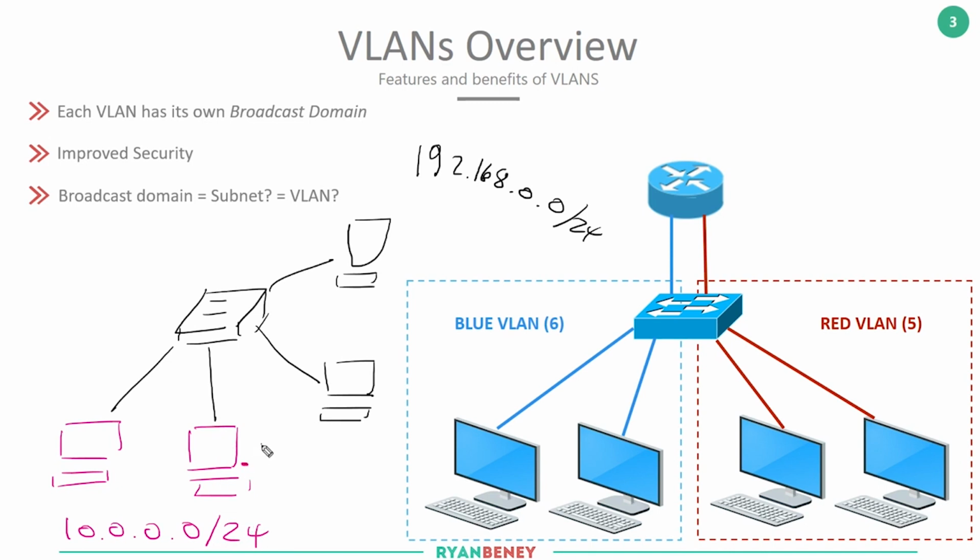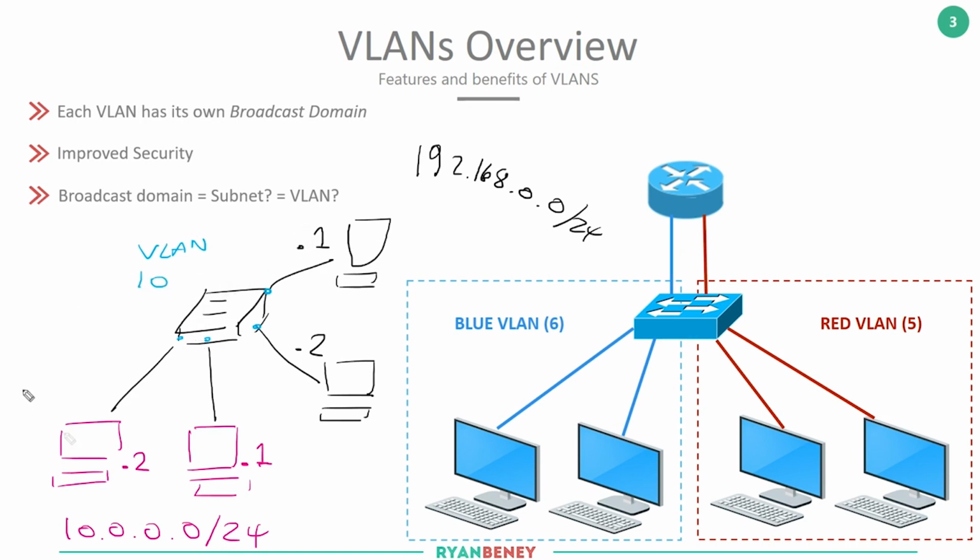Let's say this PC has .1, this PC has .2, and then this PC has .1, this PC has .2, and they're all inside VLAN 10.